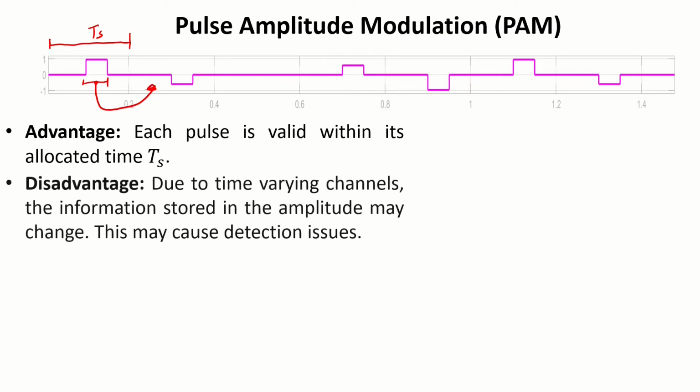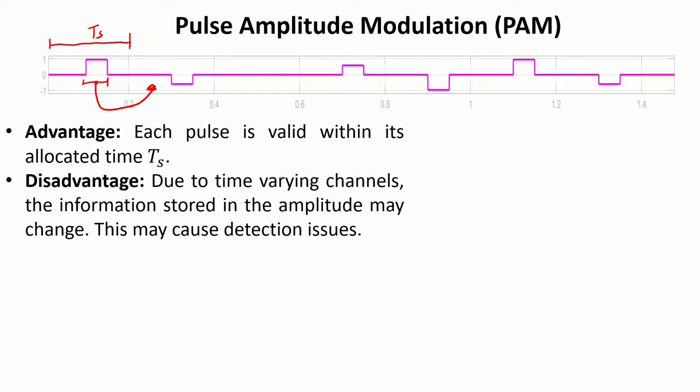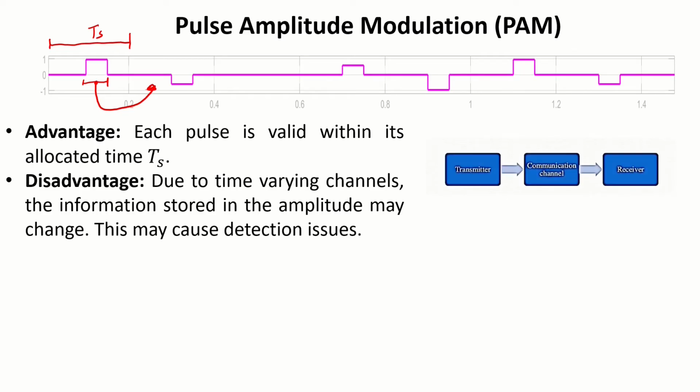Now when it comes to the disadvantage of using PAM, consider that we have a communication channel, and this communication channel is time varying. Due to this time varying channel, the information stored in the amplitude may change.